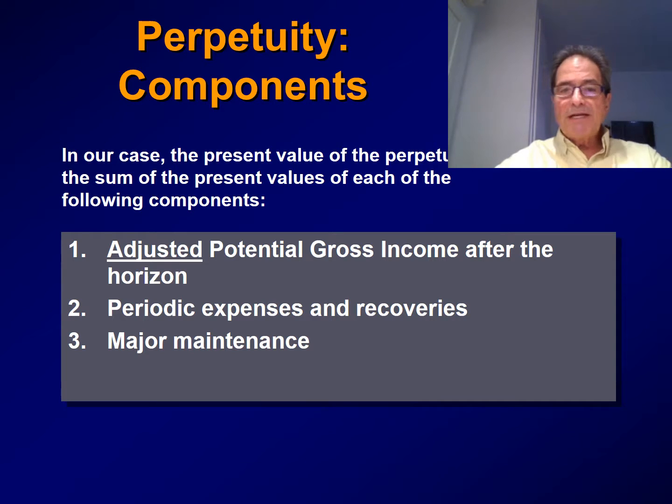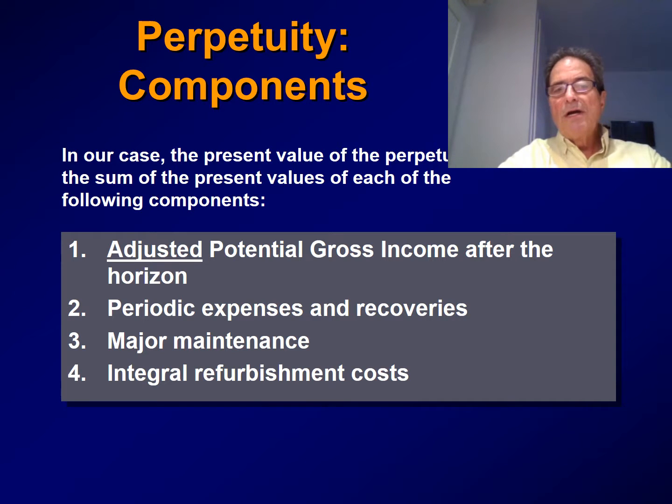Third, major maintenance. And fourth, integral refurbishment costs. Basically, the adjusted potential gross income includes all the cash flows which are closely correlated with the rent. The second one, periodic expenses and recoveries, include all these cash flows which are perfectly predictable, yearly cash flows. That includes expenses and recoveries, which usually are discounted at the risk-free rate.